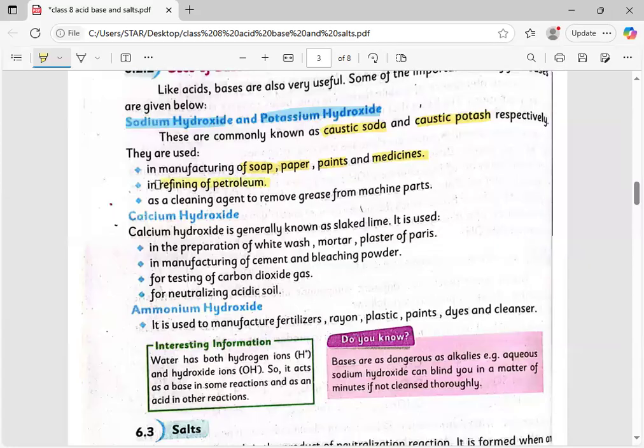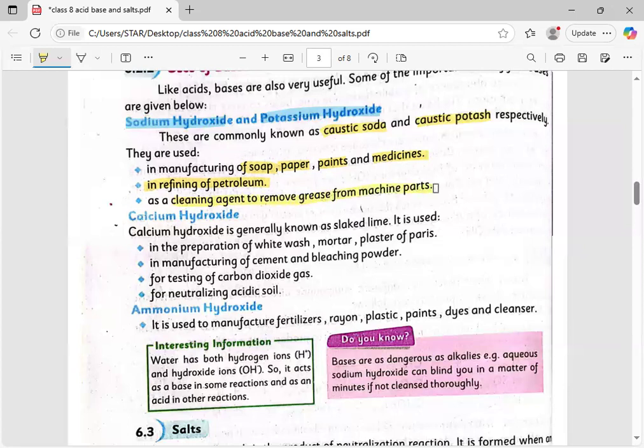In refining of petroleum, whenever we dig the soil underground, the crude oil, a black, liquidy and thick material, is extracted, which is called petroleum, and in the refining of that petroleum these bases can be used. Number three is as a cleaning agent to remove grease from machine parts.